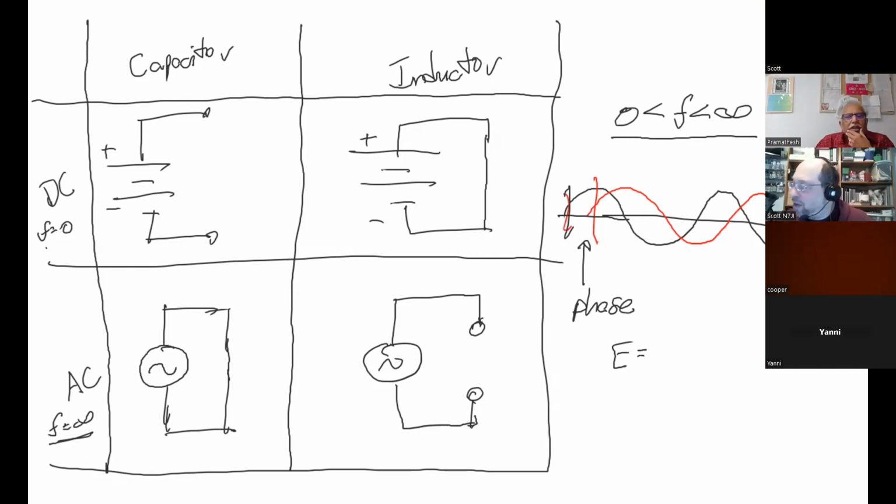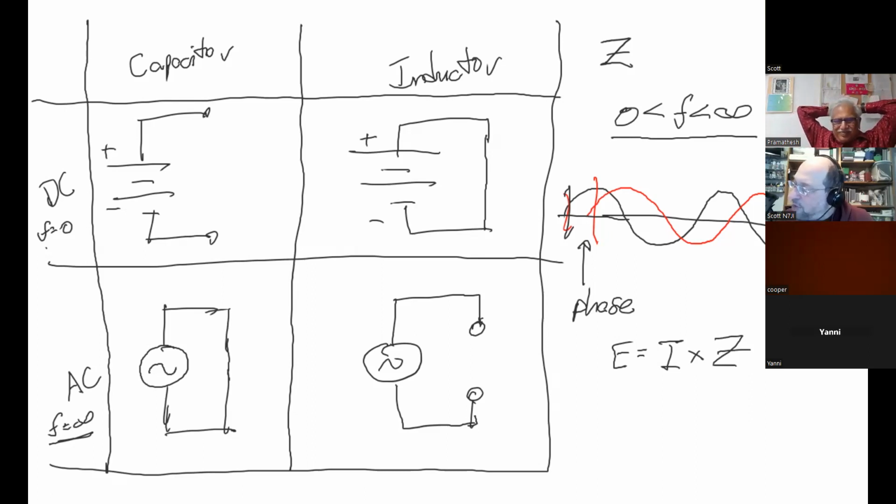E equals I times R. But what are we actually working with now? We're working with Z. So for capacitors and inductors, we could write E is equal to I times Z. An inductor causes a phase shift, and a capacitor also causes a phase shift.